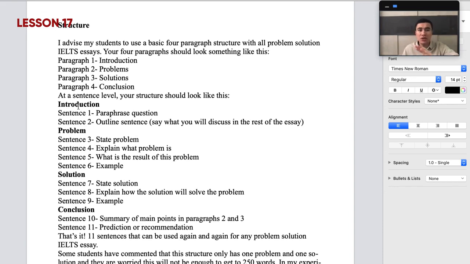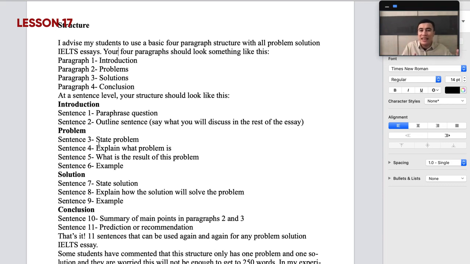Introduction, sentence 1 is going to be simply a paraphrased question. Sentence 2 is going to be an outline sentence where you should say what you will discuss in the rest of the essay. And of course, when it comes to the next paragraph, body paragraph number 1 dedicated to problems, sentence number 3 is going to be about the problem.